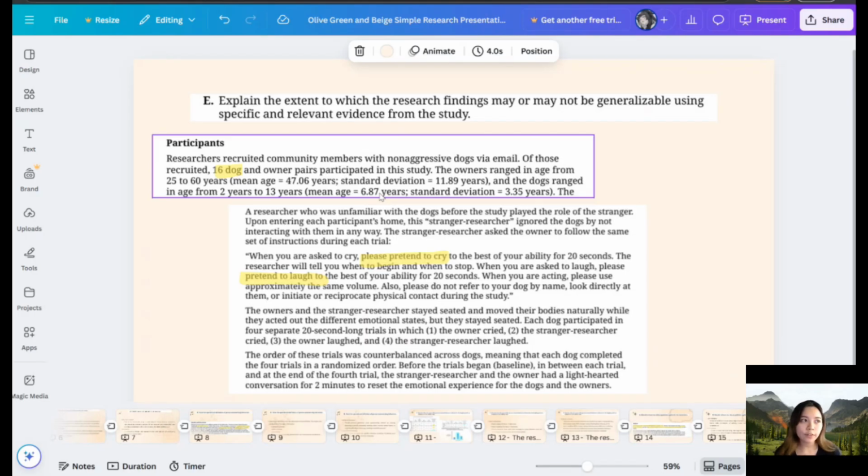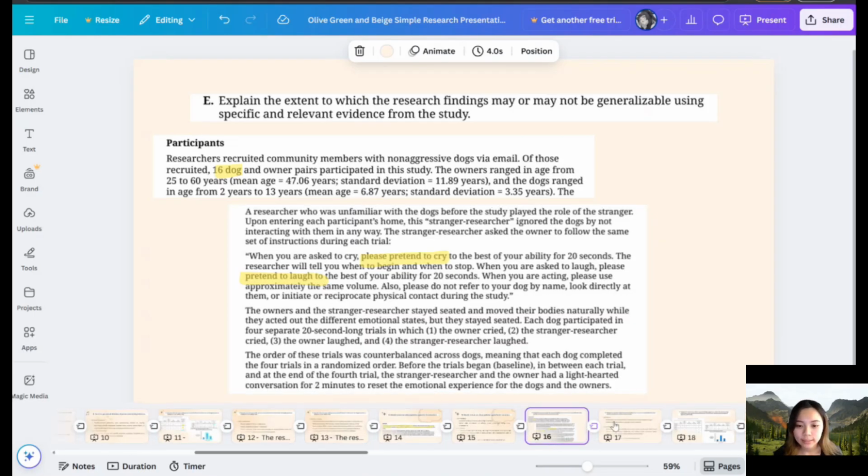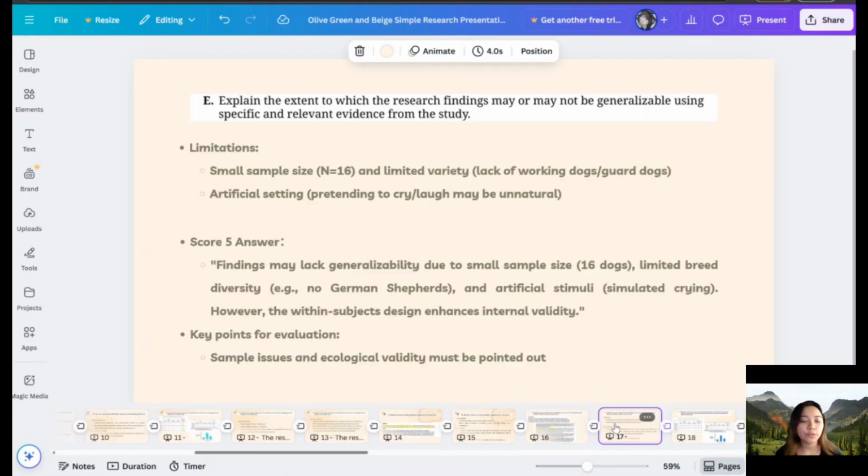Are they service animals, emotional support animals, or just the daily pets we usually have? And then in the second paragraph, they said when you're asked to cry, please pretend to cry. So basically people are trying to act like they're crying or laughing. So sometimes it's a little bit too fake.